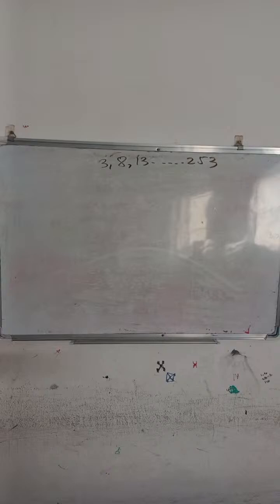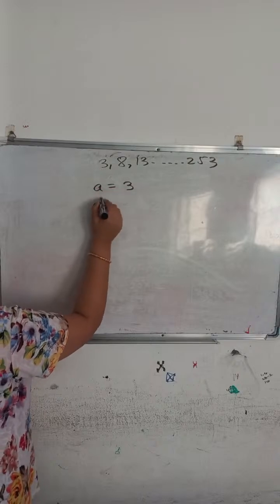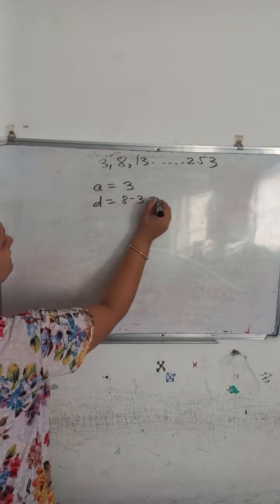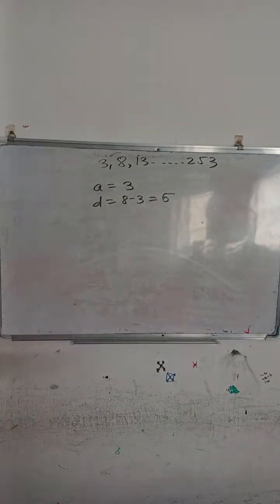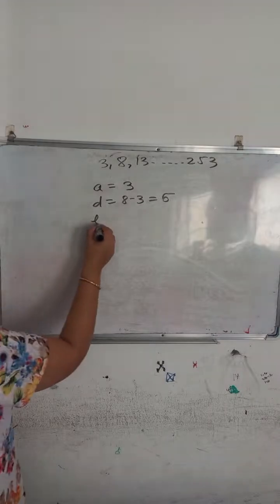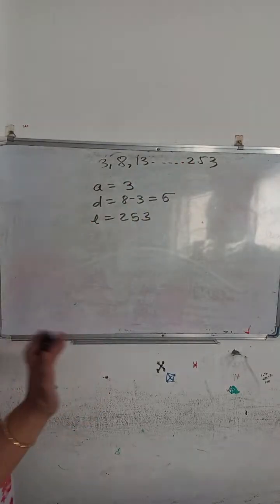The first term is 3, and the common difference is 8 minus 3, that is 5. The last term is 253, and after that it is ending.